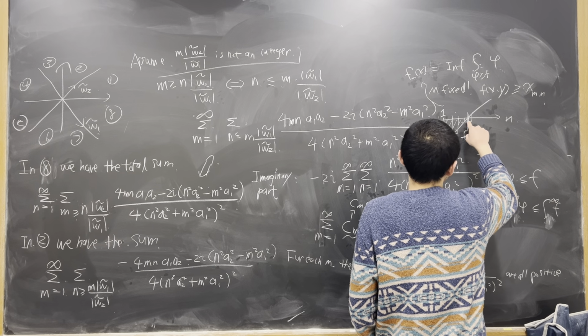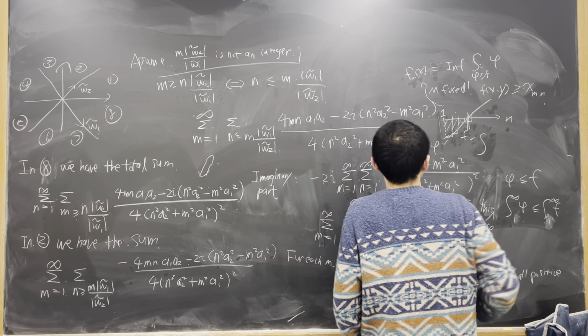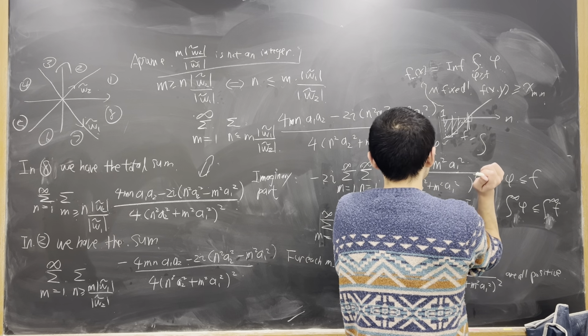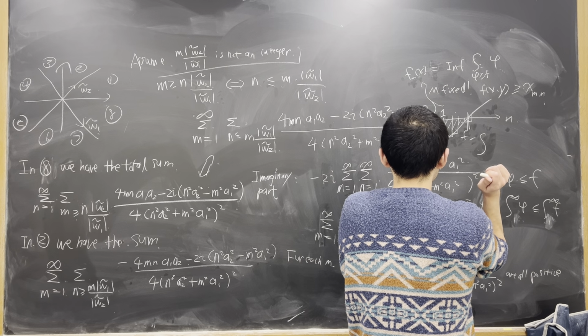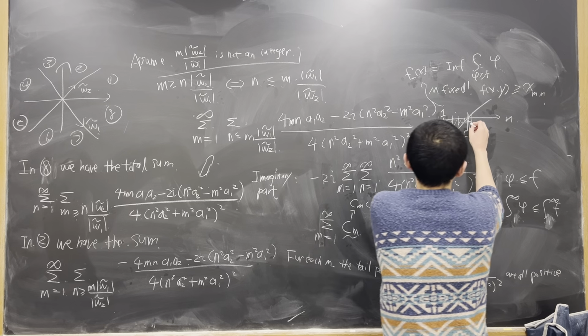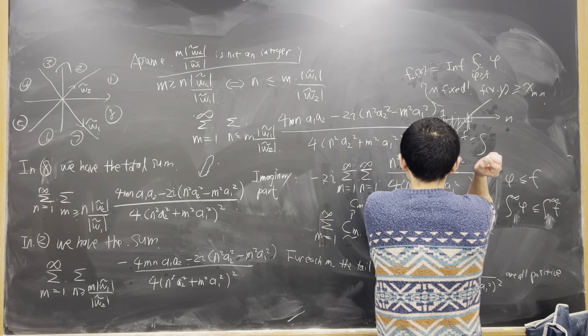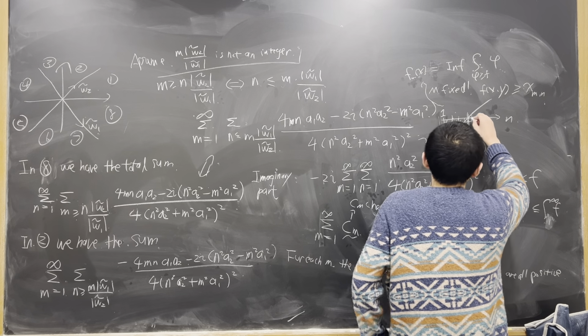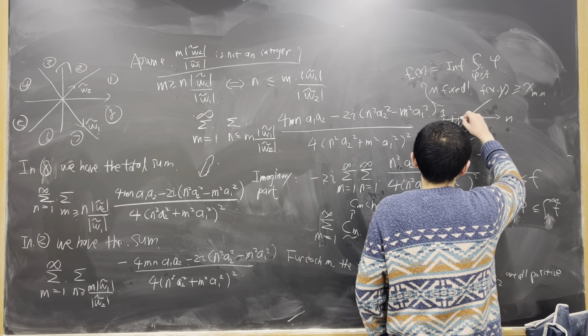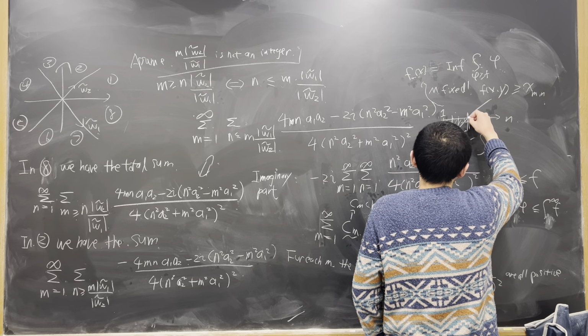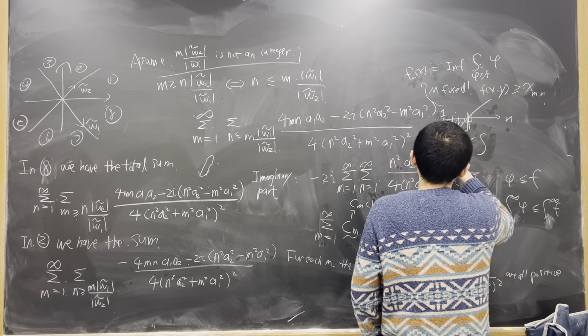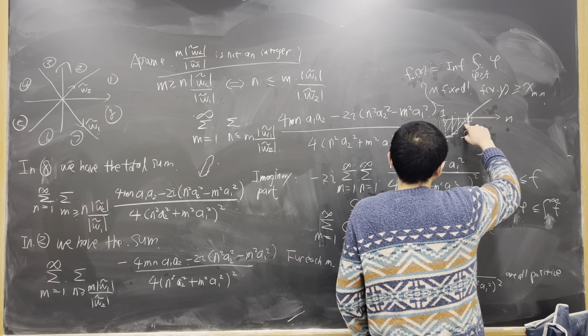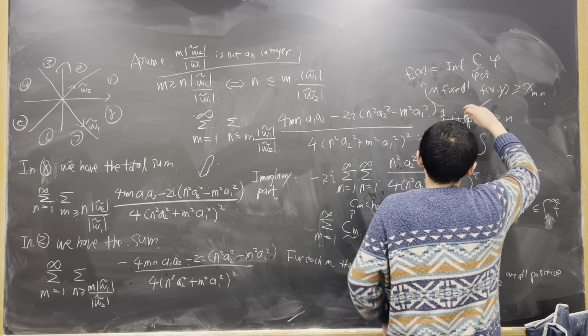There's a splitting point here, so there must be a point where the number is positive. Therefore you show this phi is sort of the f negative that you flip, right?